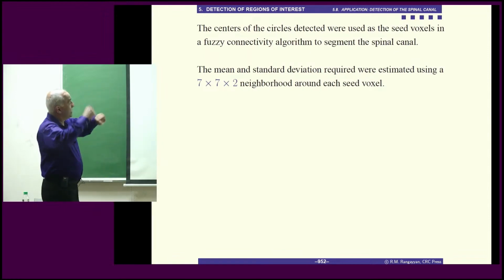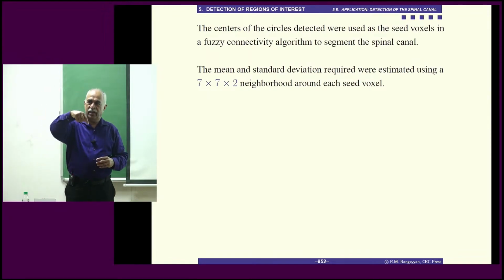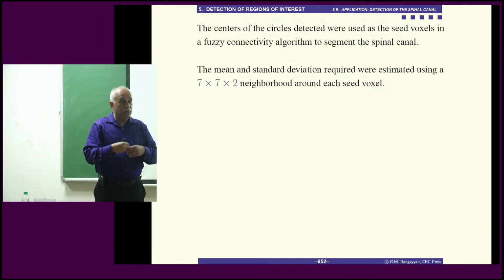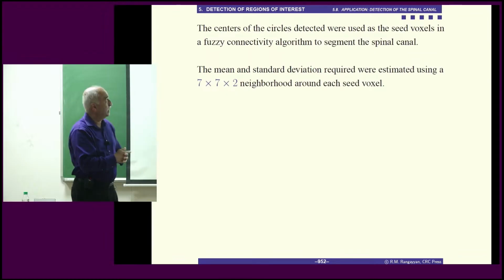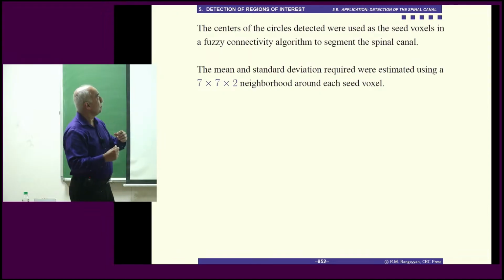So the centers of the circles detected were used as seed voxels, and in subsequent algorithms we chose a neighborhood like a tube connecting all the centers and like a 3x3, I don't remember, I'll show that later on. So we get a number of voxels, volume elements from the 3D data set, that are in the middle of the spinal column, in the spinal canal.